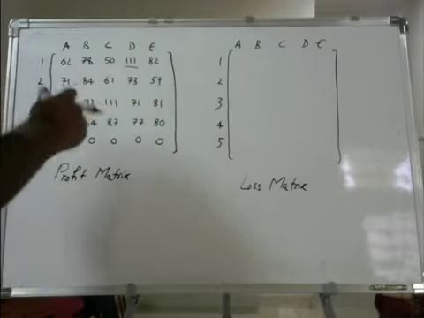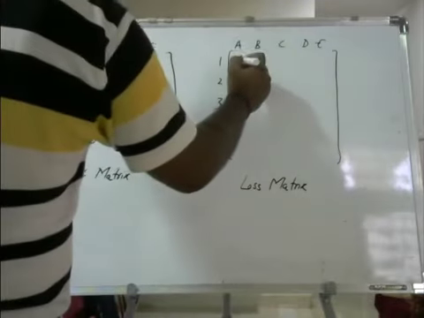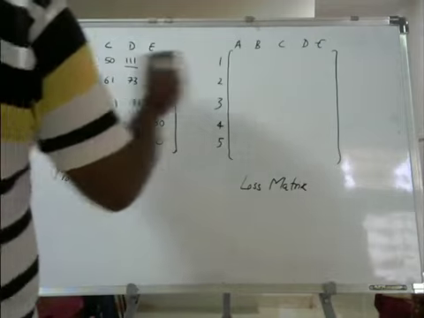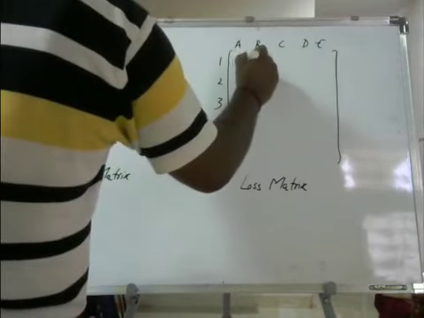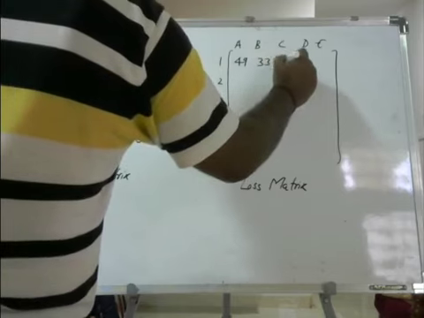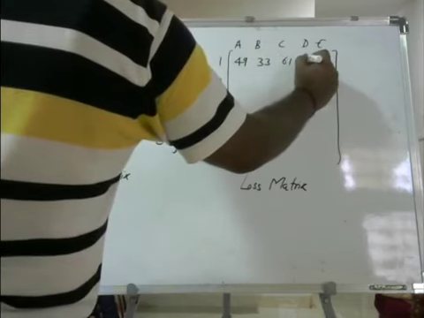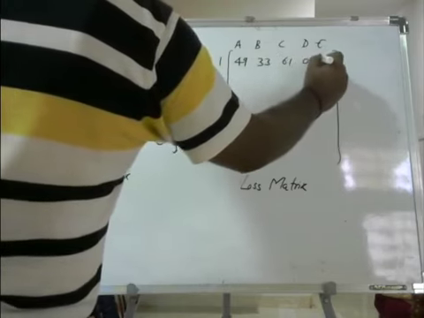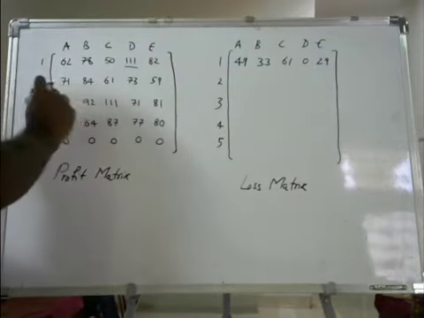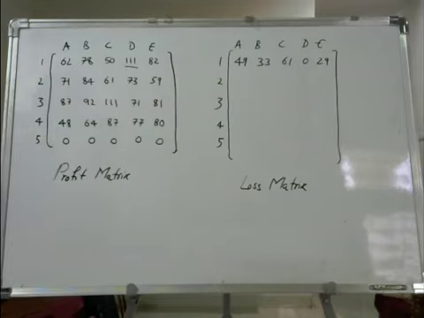So if we subtract this, you'll get 111 minus 62 is 49, then 33, 61, 111 minus 111 is 0, then 29. So in this second row, 84 is the highest number.